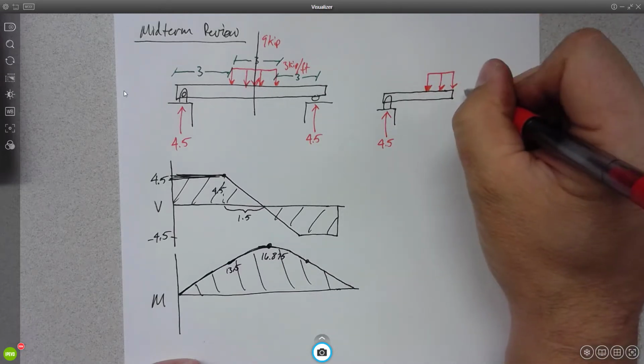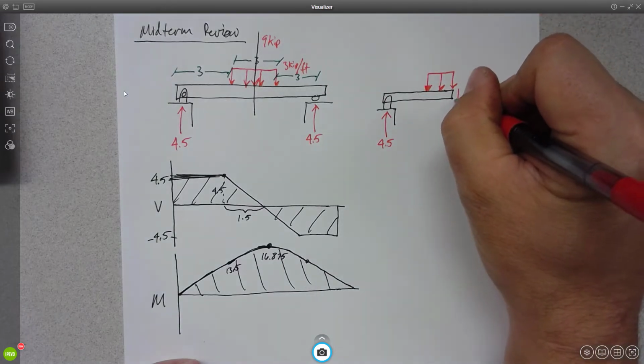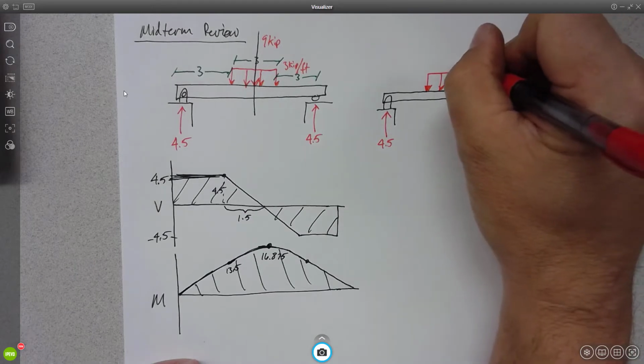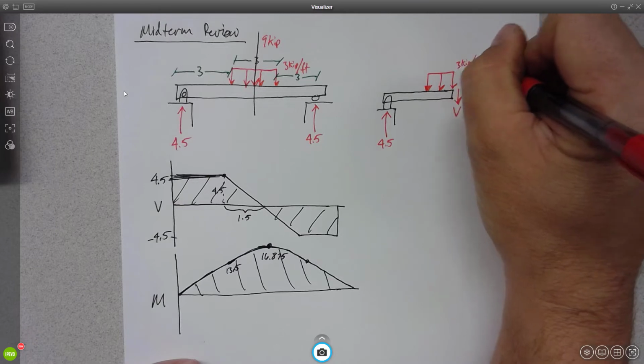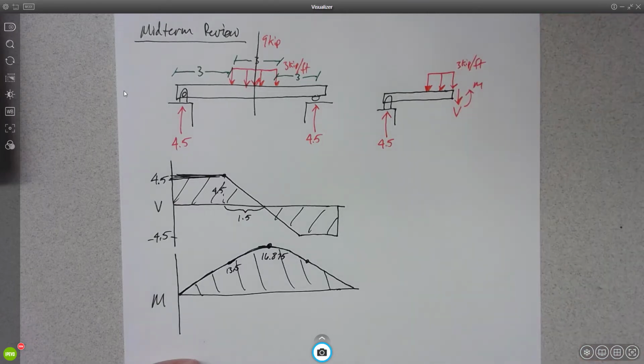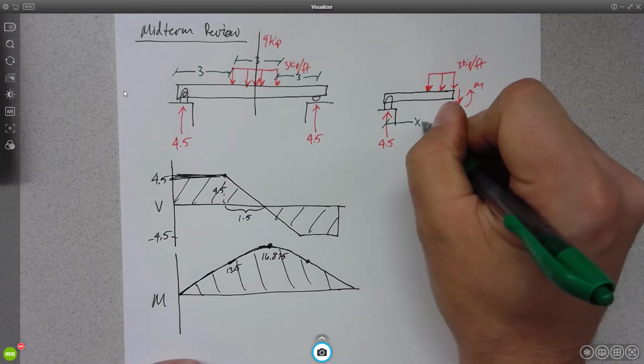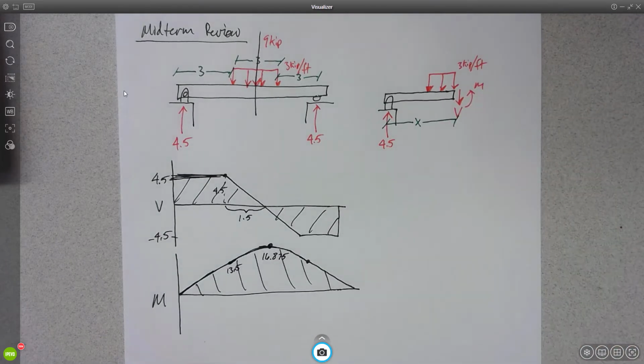Then we'll draw our shear and our moment, and we remember that our cut is x distance away from the end.